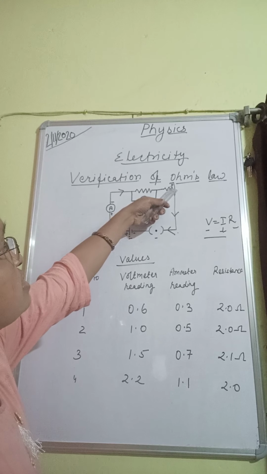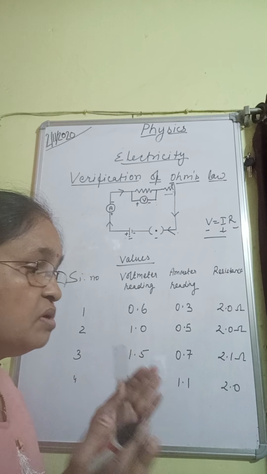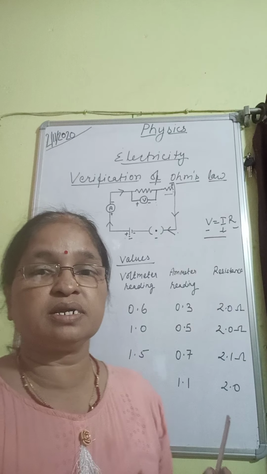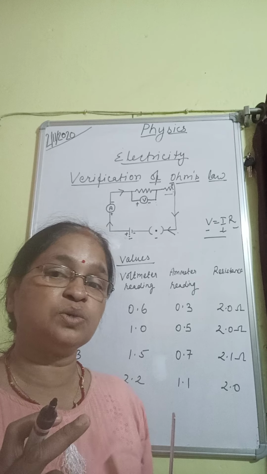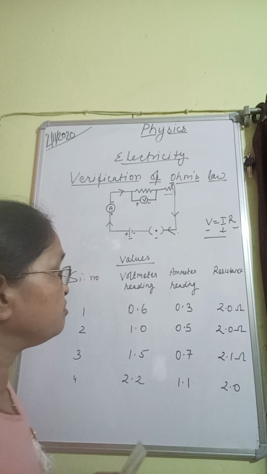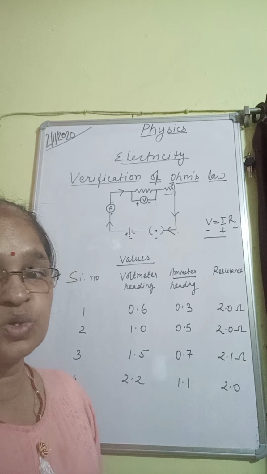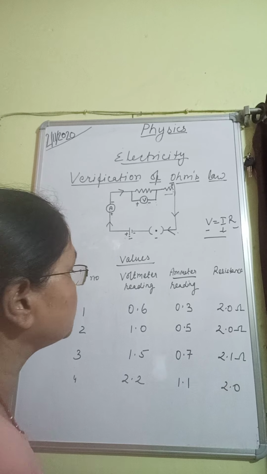As it is showing this point, that means we are taking some known value of potential difference, and by that known value of potential difference, we calculate the value on the ammeter. So one data I have shown you.